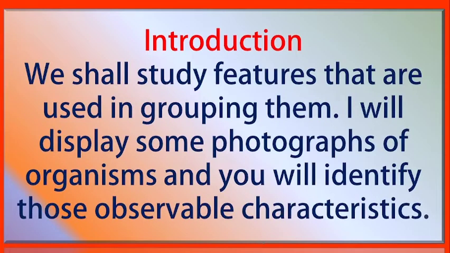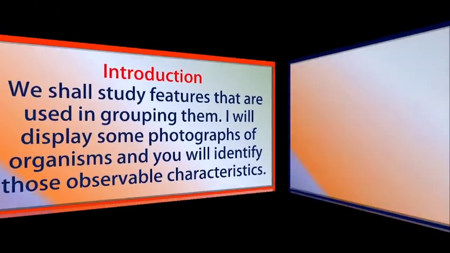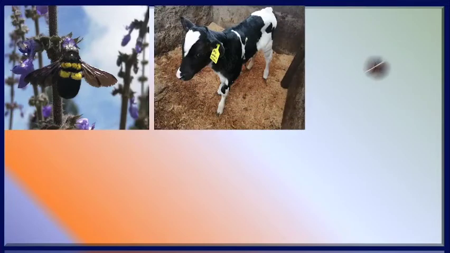Having identified the kingdoms used in classifying living organisms, we shall then study features that are used in placing them in their respective kingdoms. I will display some photographs of organisms and you will identify those observable characteristics.